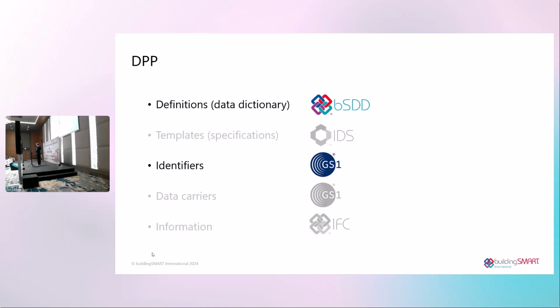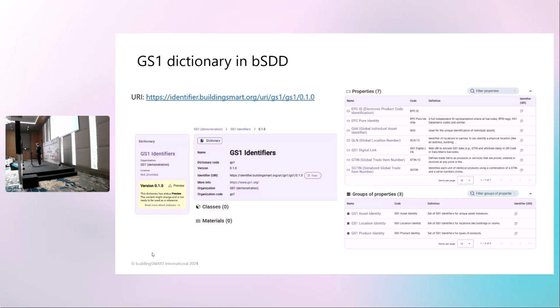Starting with the bSDD data dictionary service with identifiers from GS1. We did this demonstration together with colleagues from GS1 Norway, where we published the data dictionary of GS1 identifiers in the bSDD. It's all publicly available.